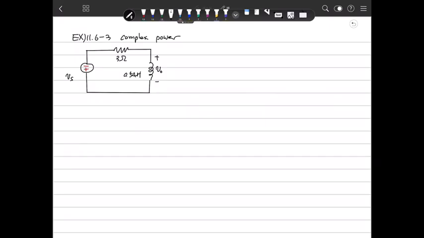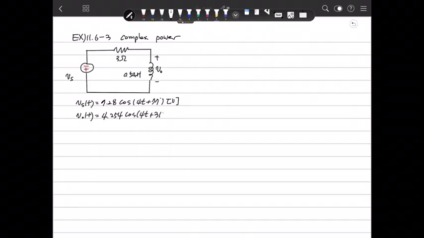So in the problem, the voltage Vs is given as 7.28 cosine(4t + 77 degrees) in volts, and Vo is given as 4.254 cosine(4t + 311 degrees).